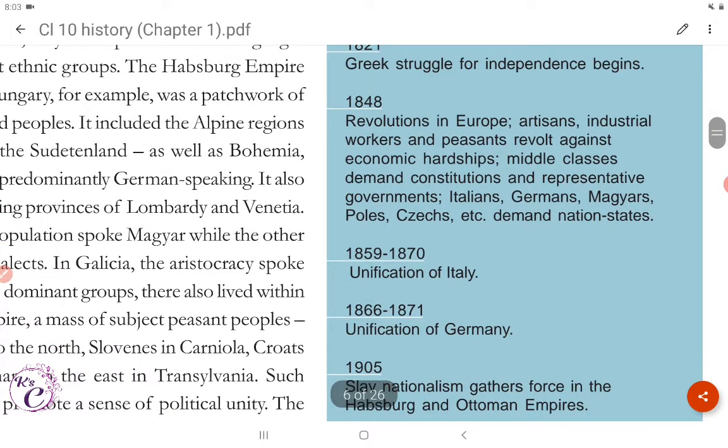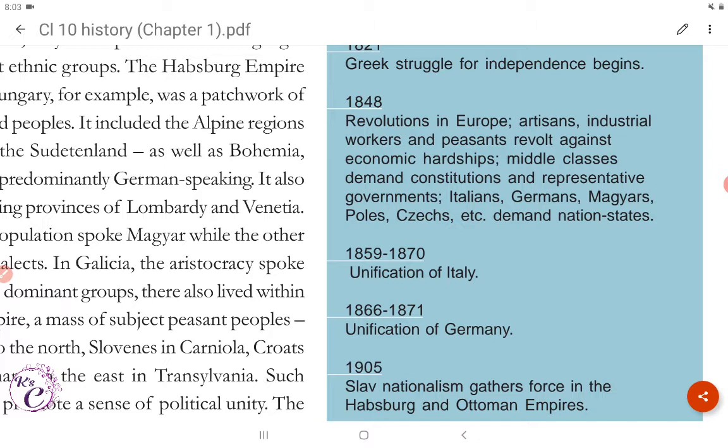1848, Revolutions in Europe. Artisans, industrial workers, and peasants revolt against economic hardships. Middle classes demand constitutions and representative governments.